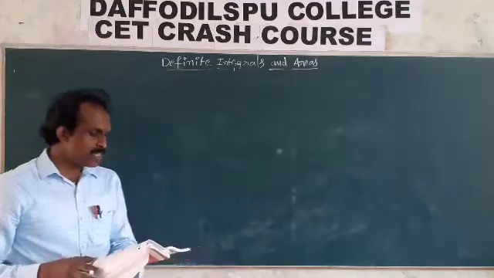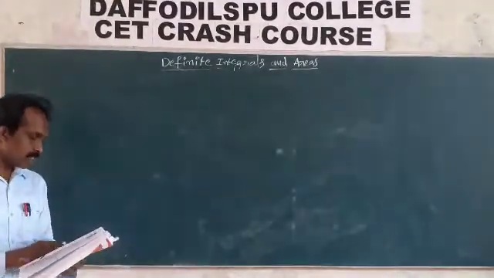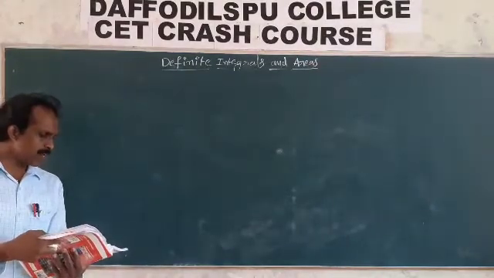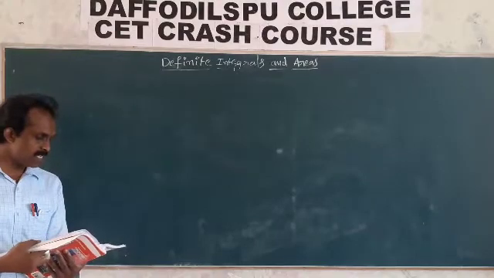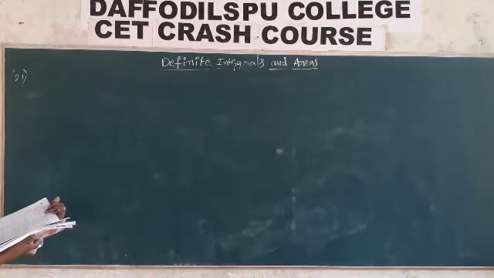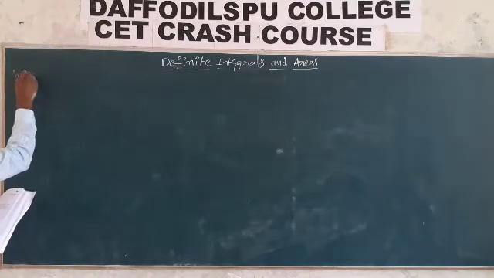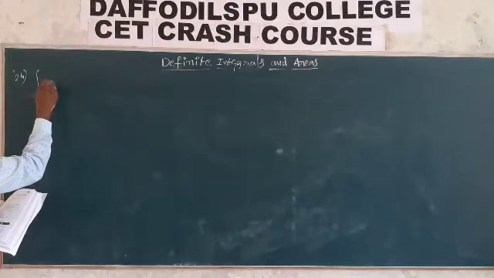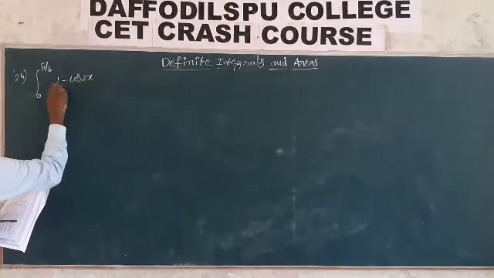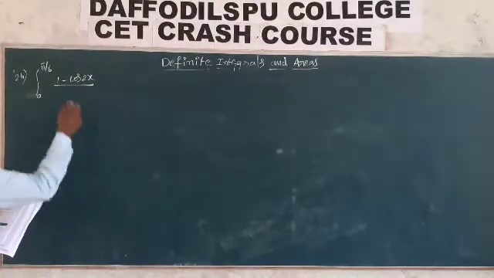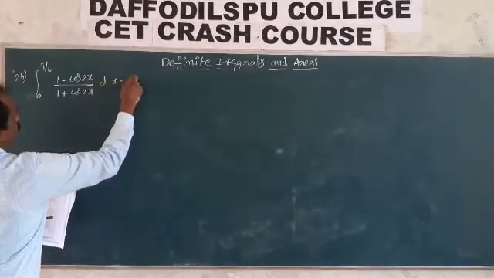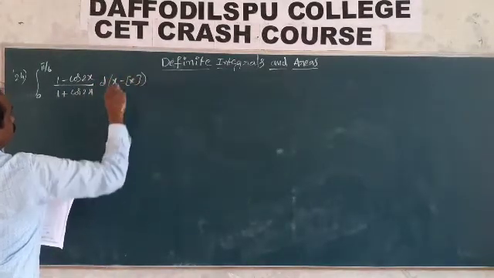24. Step x denotes the greatest integer function: the integral of 1 minus cos 2x divided by 1 plus cos 2x dx minus the step x.